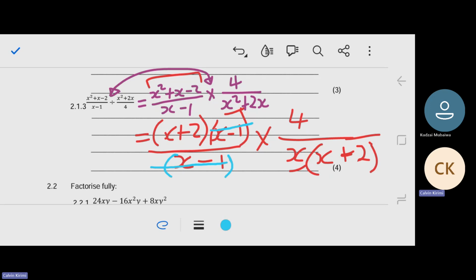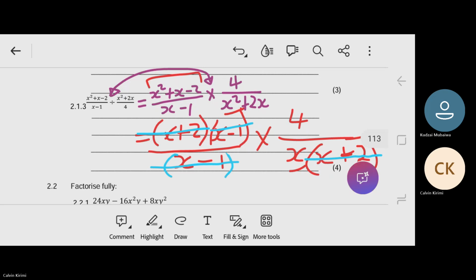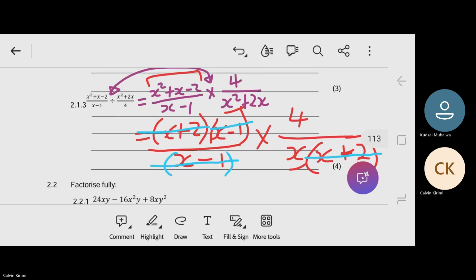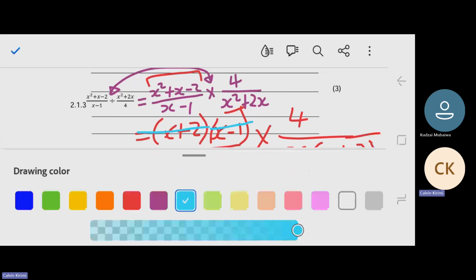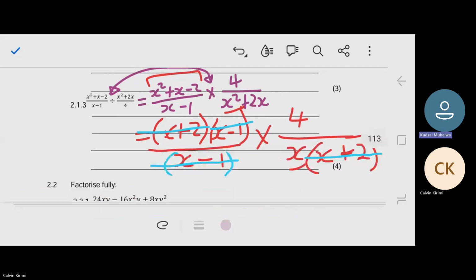Since it's multiplication, this x plus 2 also cancels with the other x plus 2. So what is the final answer? The answer is 4 over x.